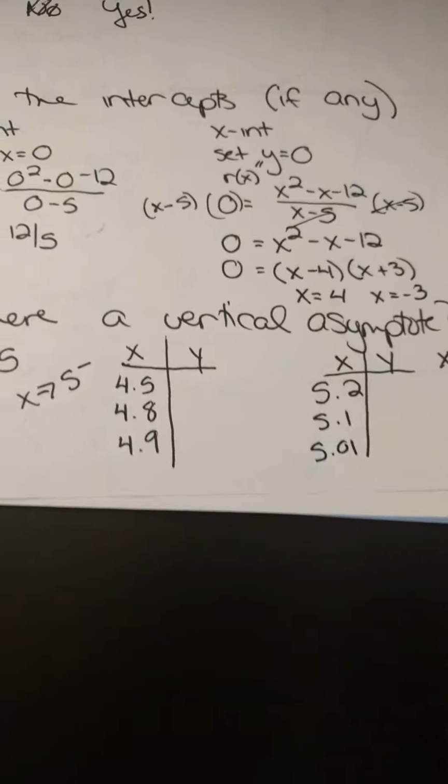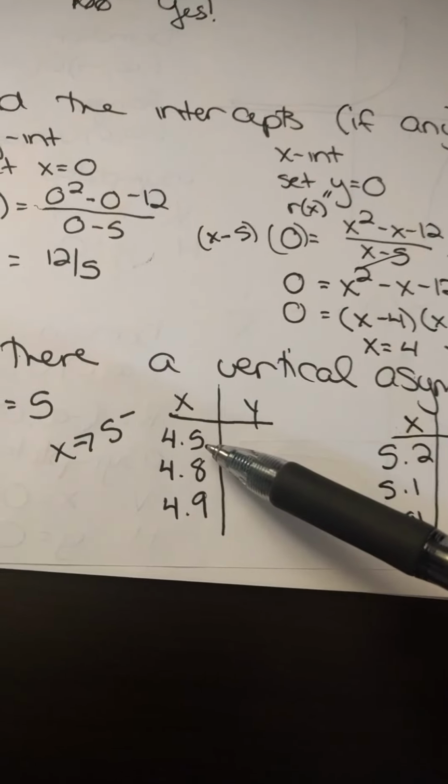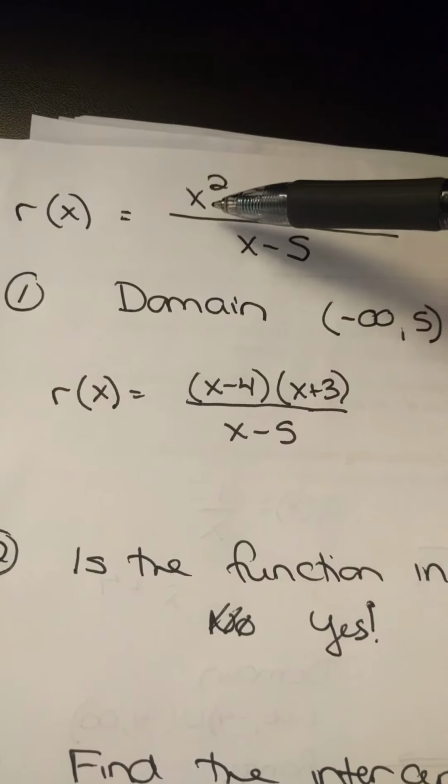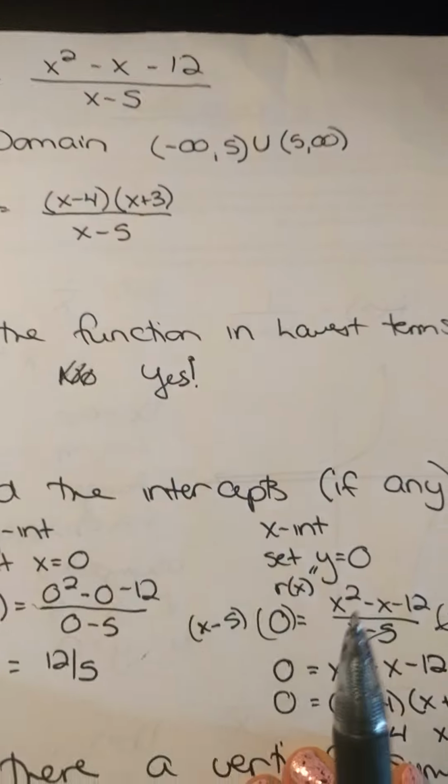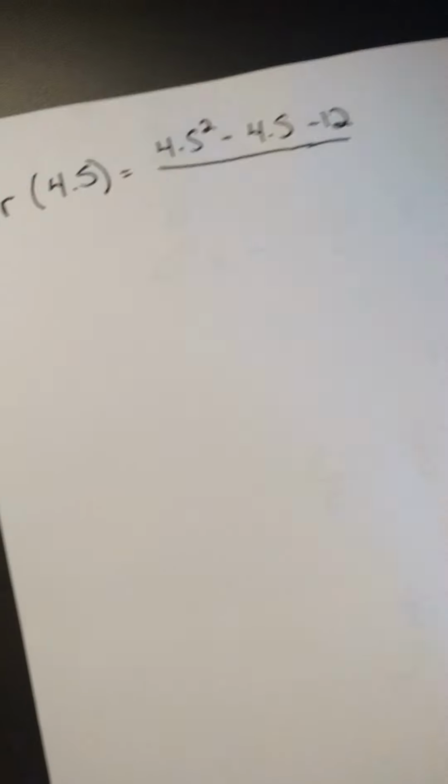Now, you're going to take this number and plug it into the original expression wherever you see an x. If I may make a suggestion, when you go to evaluate r of 4.5, enter the numerator into your calculator by itself first.